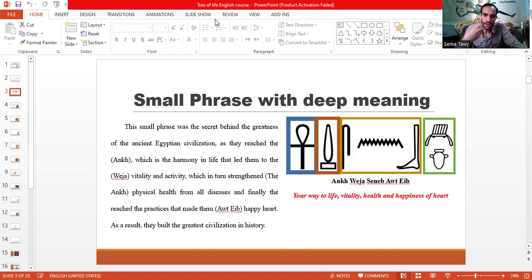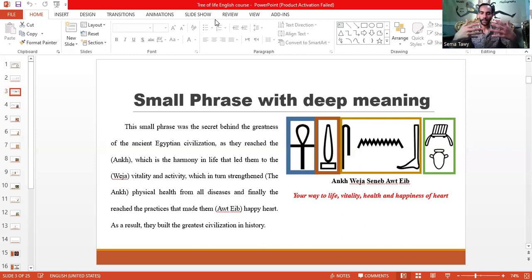And if you live your life in vitality and strength, that leads you to positive thinking, which makes you live your life in a healthy condition, physical health, Seneb. Seneb is physical health.